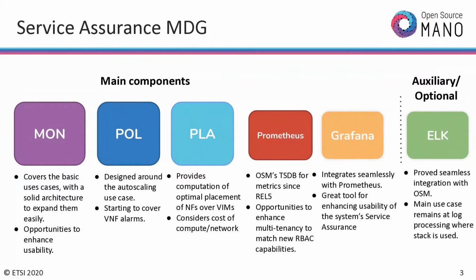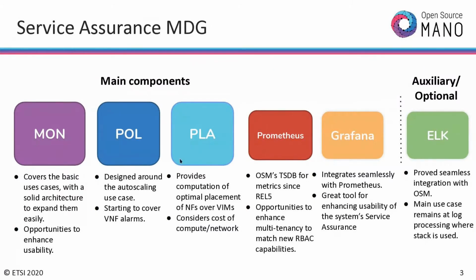MON is a very important module that takes care of collecting all the metrics that your VNFs are generating, or even the VIM metrics that you can get, and talks with POL.